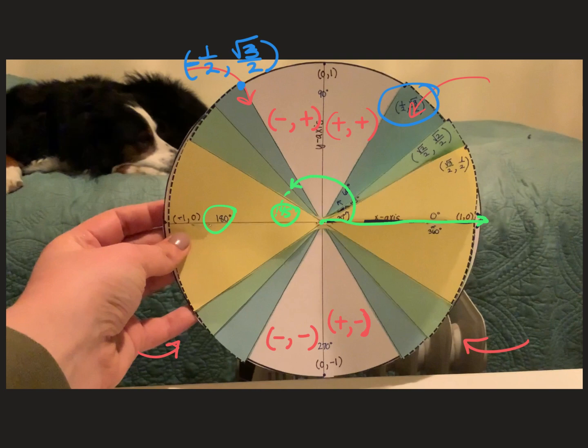So somewhere in there, I would write that that angle is 135. And since its reference angle is 45, I'm going to refer back to the 45 in the first quadrant. My ordered pair is radical 2 over 2, comma radical 2 over 2. Same thing here, except x is negative. All right, so in other words, we're applying shortcuts.